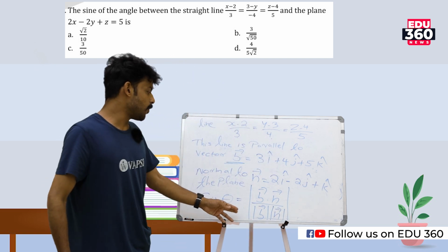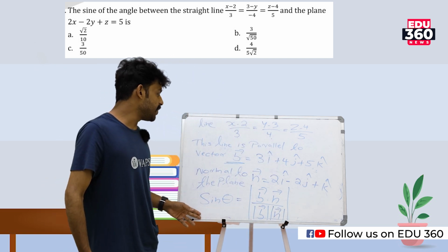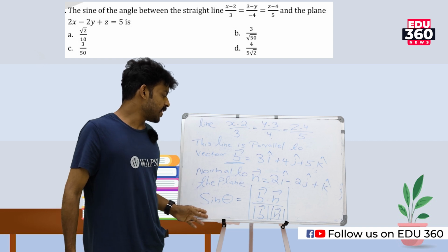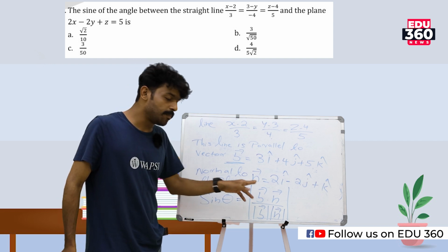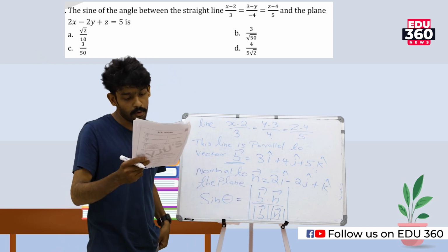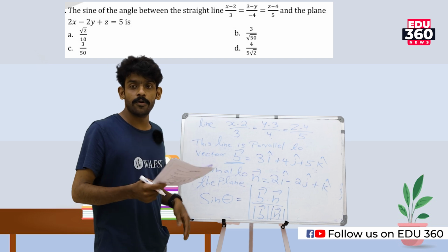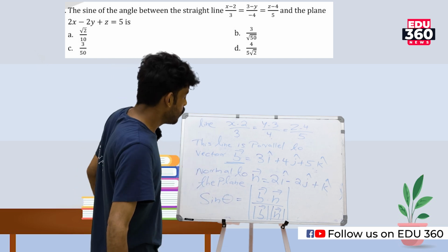So this is the formula for the sine of the angle between the line and the plane. We can substitute the values.